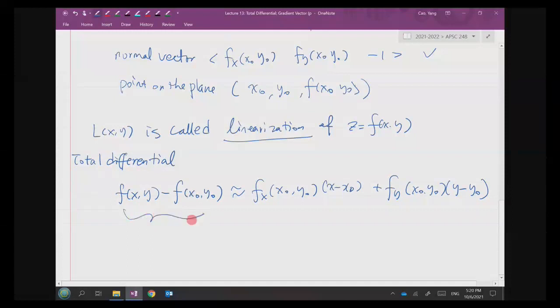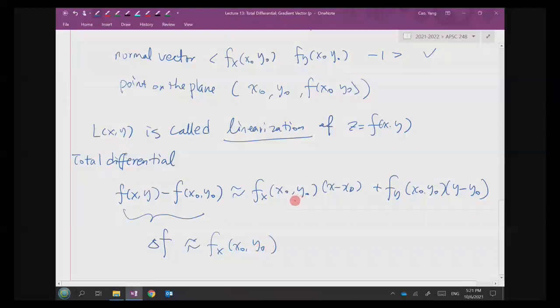So this part here, we can call it delta f. So you move from this location to the next location, there's a difference in the function value, delta f.